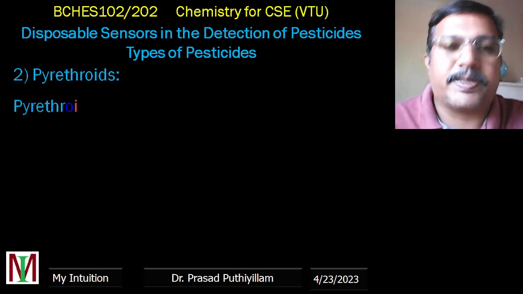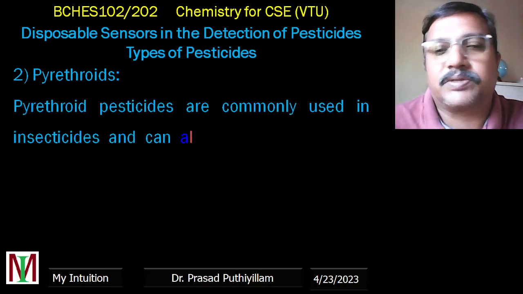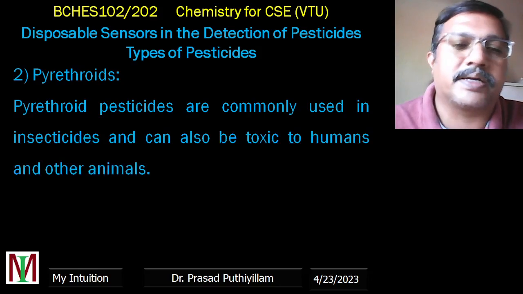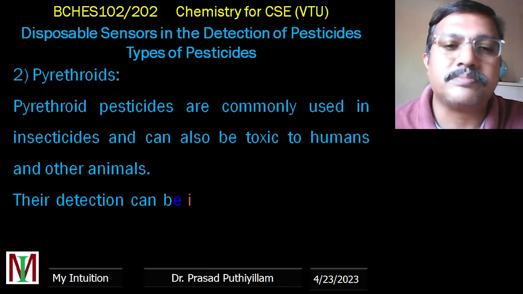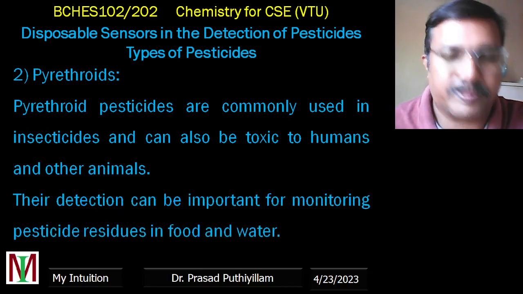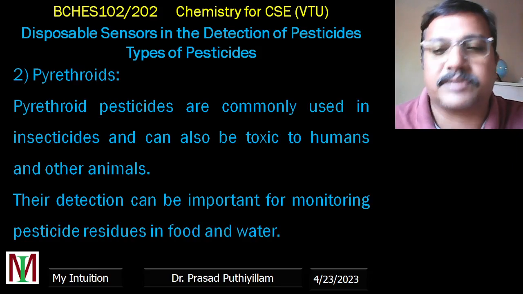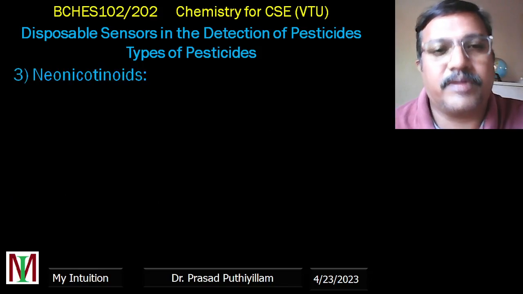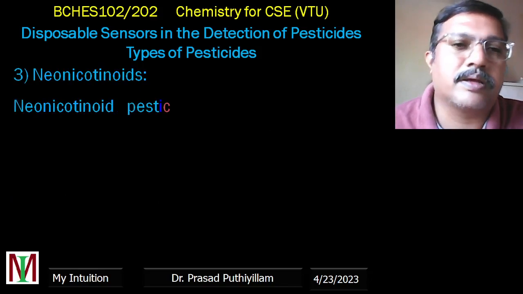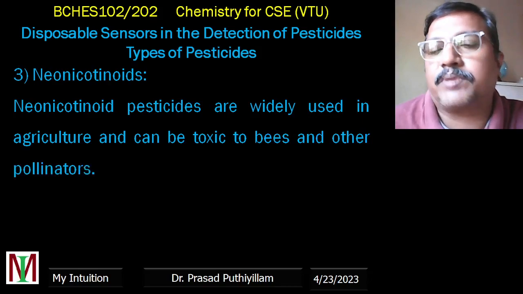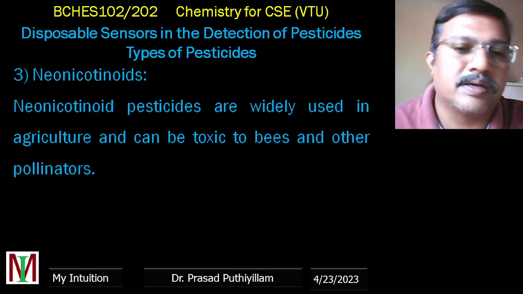Pyrethroids. Pyrethroids are pesticides used in insecticides and can also be toxic to humans and other animals. Their detection can be important for monitoring their presence or residues in food as well as water. Neonicotinoids. Neonicotinoid pesticides are widely used in agriculture and can be toxic to bees and other pollinators.